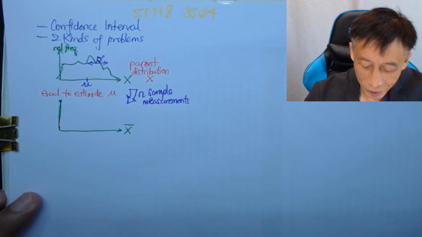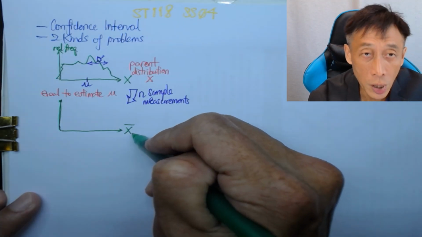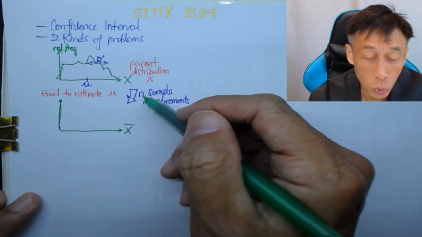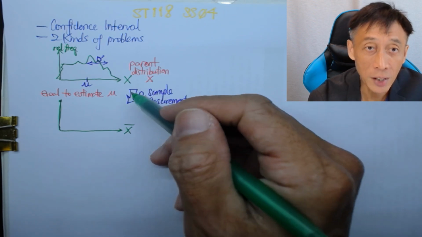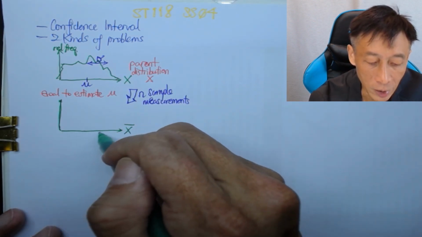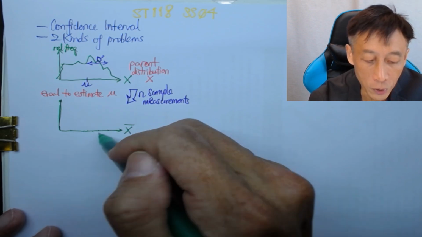And that would result in x bar of subscript n. From here on, I will not write down the subscript anymore because in real life, that's what we do. We make n measurements and then take the average, right, and use that point to put it on the x bar x-axis. So it's one of the points on the x bar.